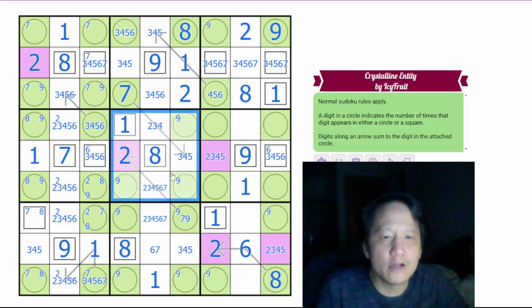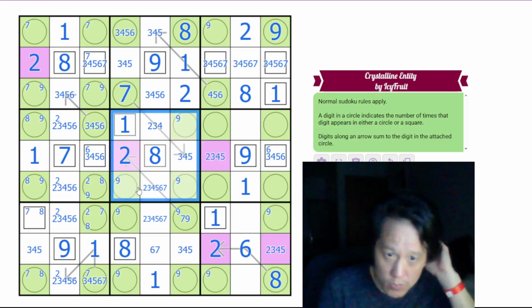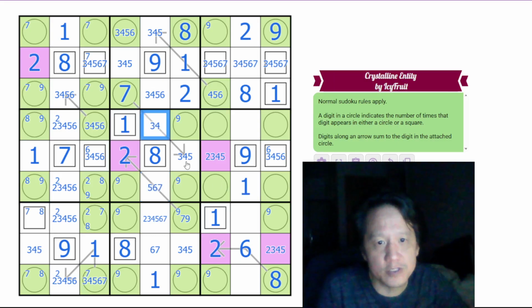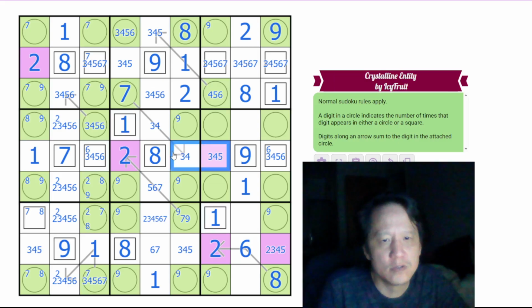Where is the 7 in... We know... Actually, that's not true. This can't be 2. This can't be 3 or 4. This is a 3-4 pair, because otherwise it doesn't add up to anything. So that's 7. This can't be 2. Hmm.